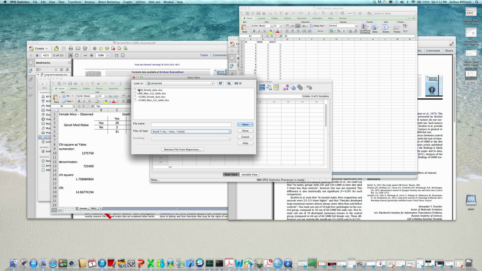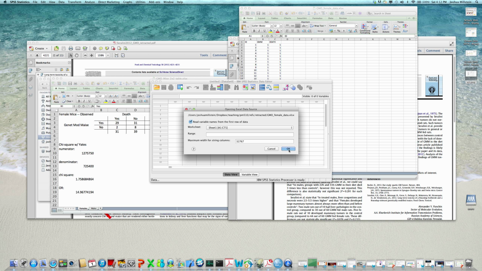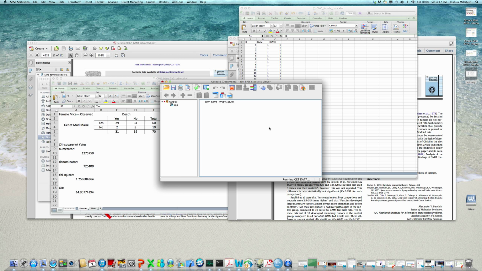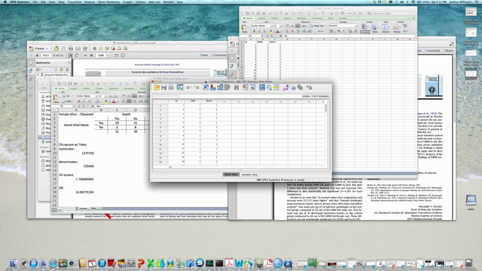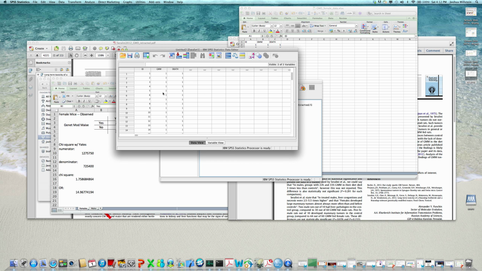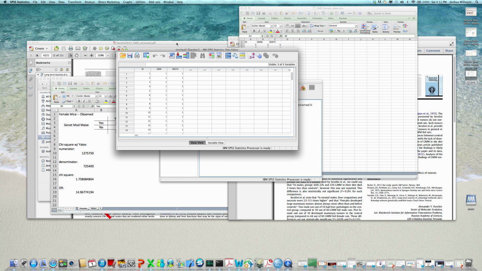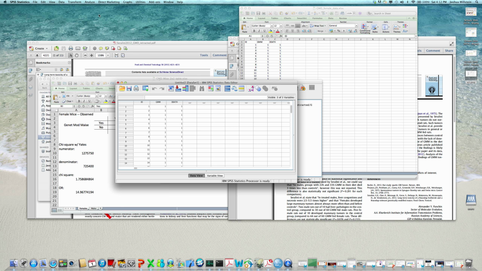And here it comes up GMO female data. So here's the data set. These should be numeric variables, so let's look. They're all numeric, that looks good. So now we're ready to do the Fisher's exact test.